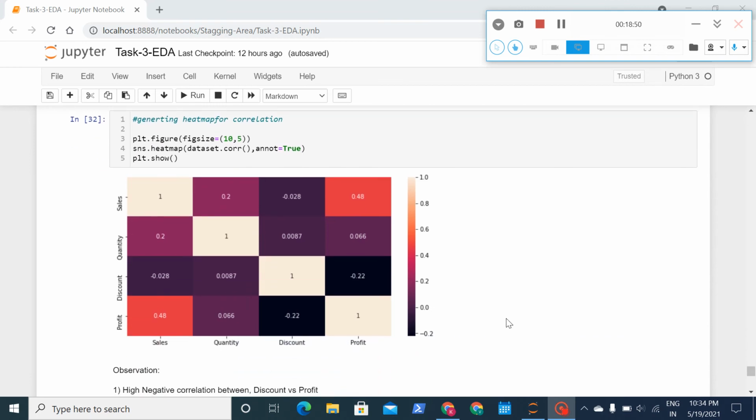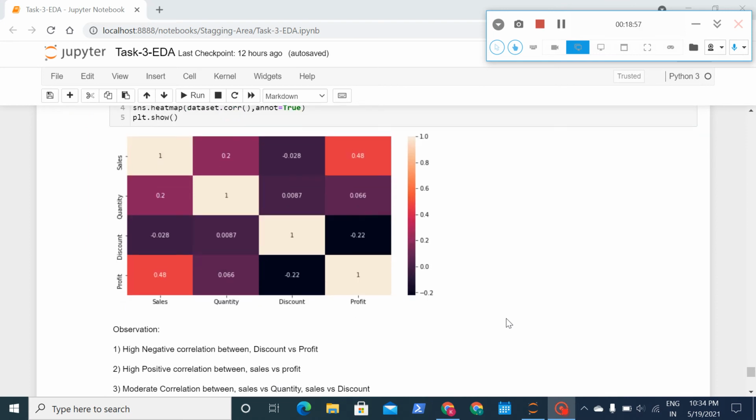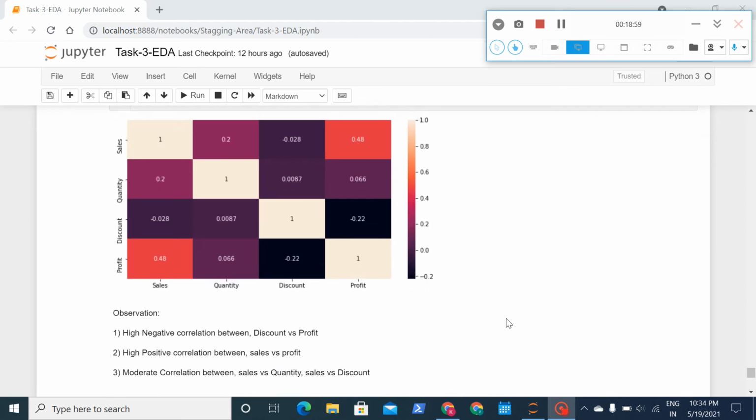Finally, we will be plotting the correlation heat map for all the features. We can see that there exists a high negative correlation between discount versus profit, and a high positive correlation between sales versus profit, but moderate correlation occurs between sales versus quantity and also sales versus discount.